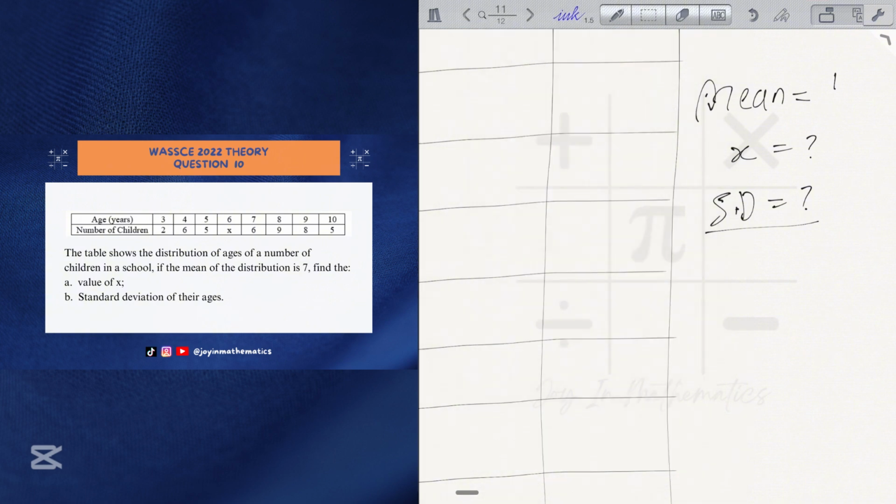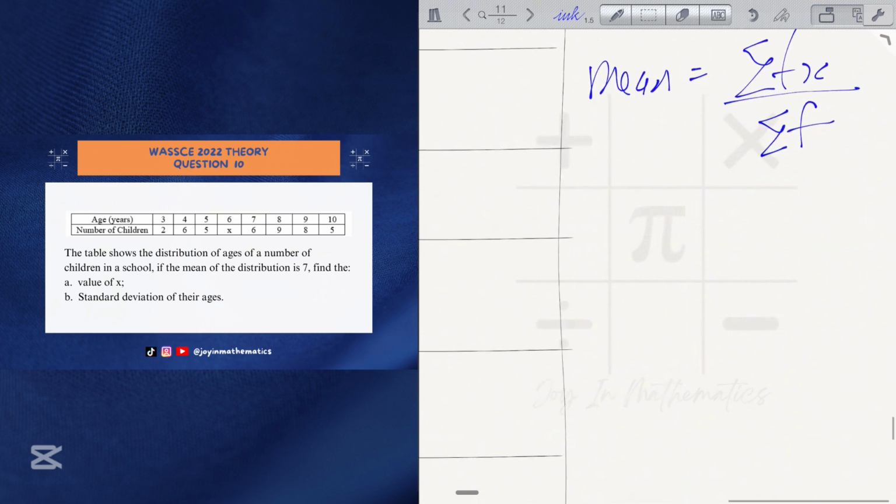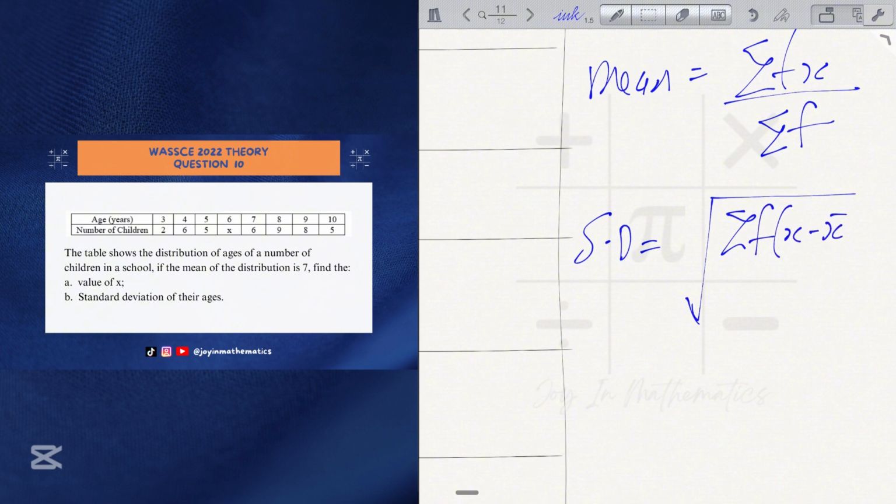Mean is equal to summation f of x divided by summation f, and the standard deviation, SD, is the square root of the variance, which is the summation f of x minus x bar squared divided by summation f. Now what is x bar? X bar is equal to the mean.